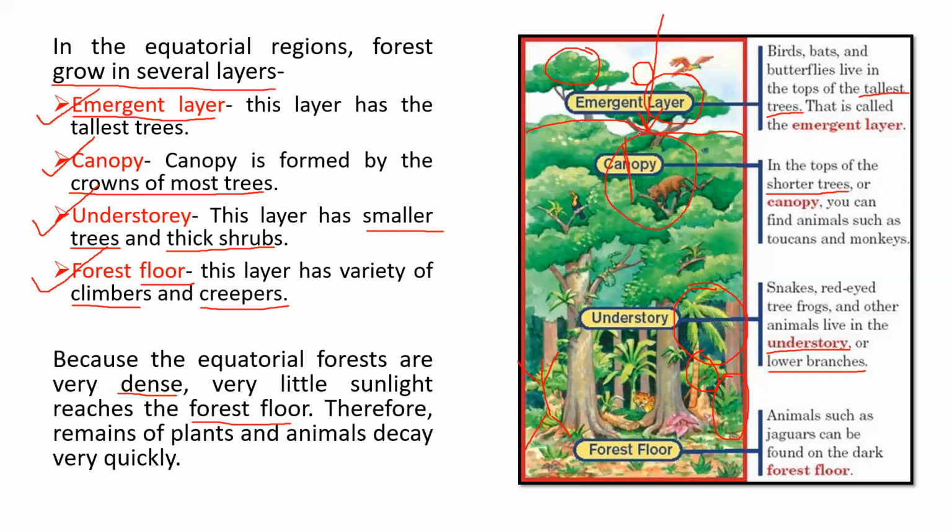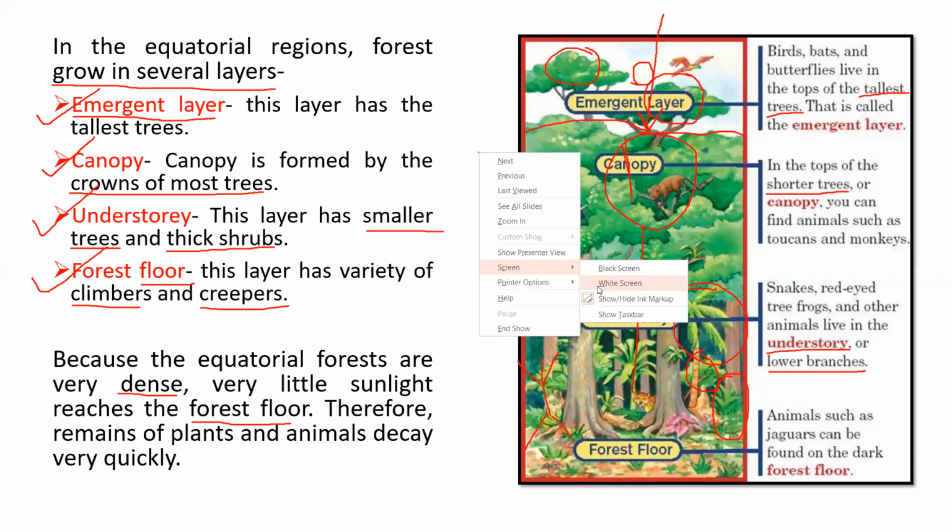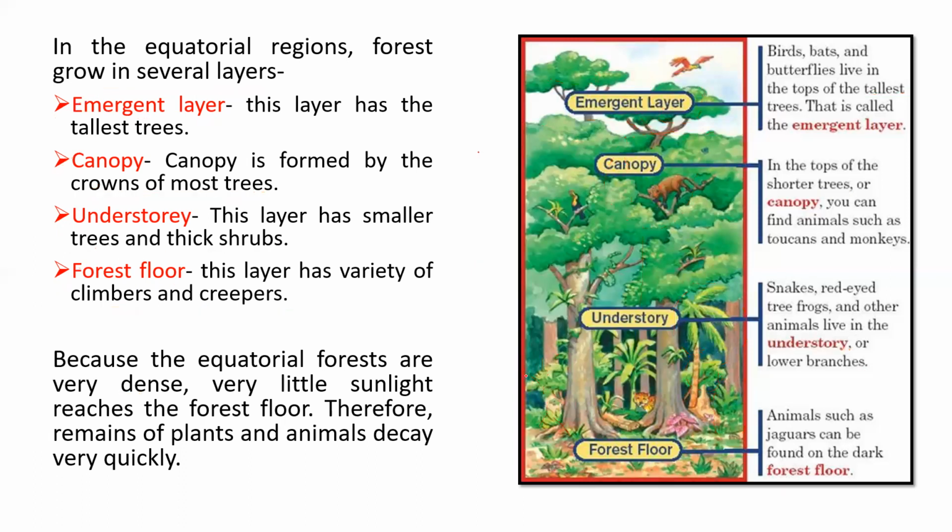So the sunlight is not reaching properly to the ground. That's why most of these forests are very dark. Most of these forests are very dark in appearance. They don't receive much sunlight.